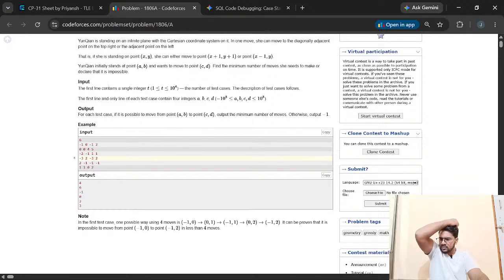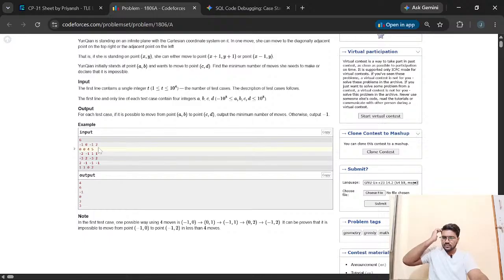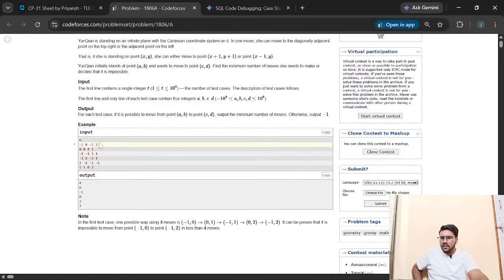Now if destination y is less than source y, then it will print minus 1, and first we will calculate y moves.